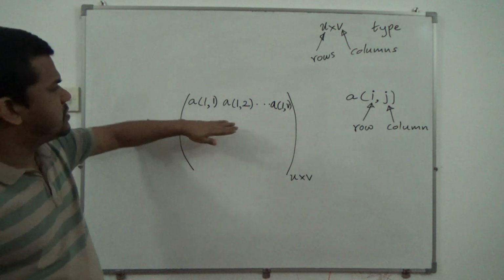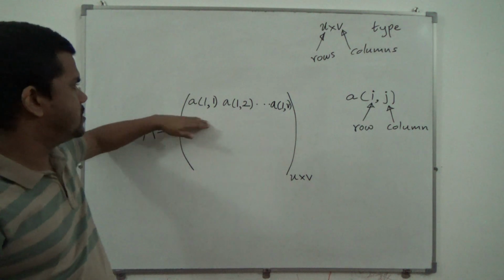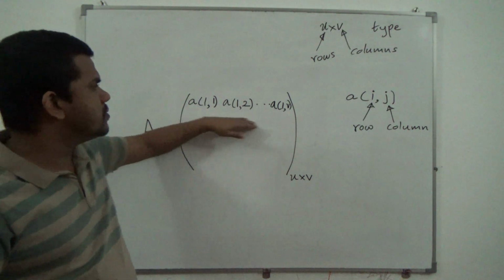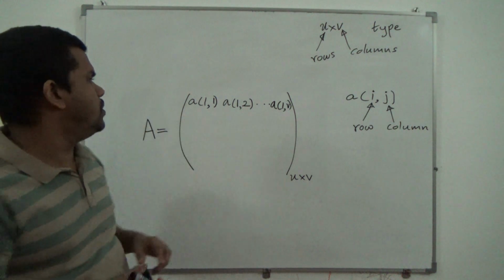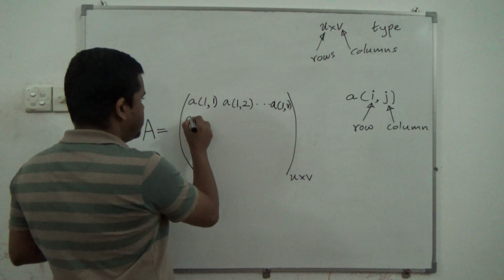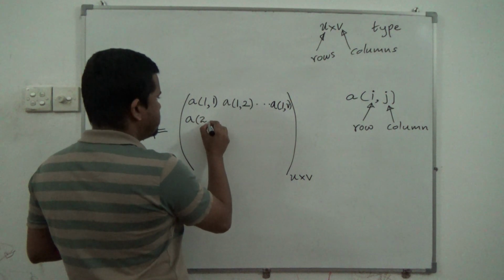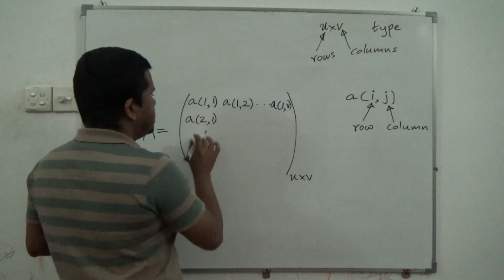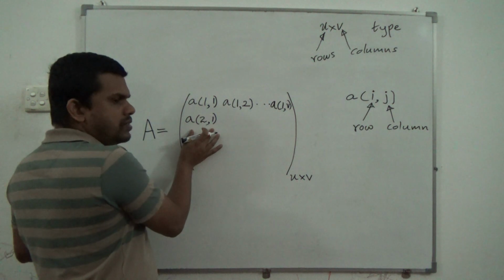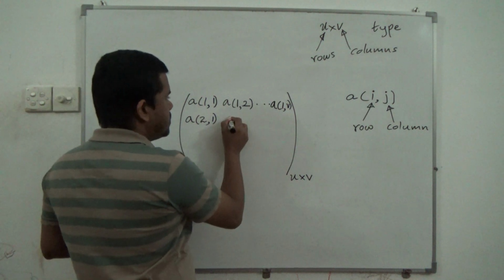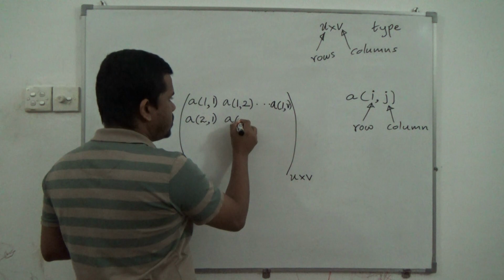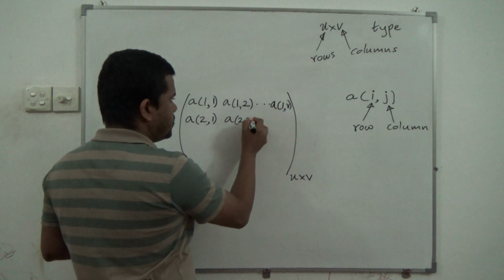Now let's write the elements in the second row. Here a, row number is 2, column number is 1. This is the first element of the second row. Then here row number is 2, column number is 2.